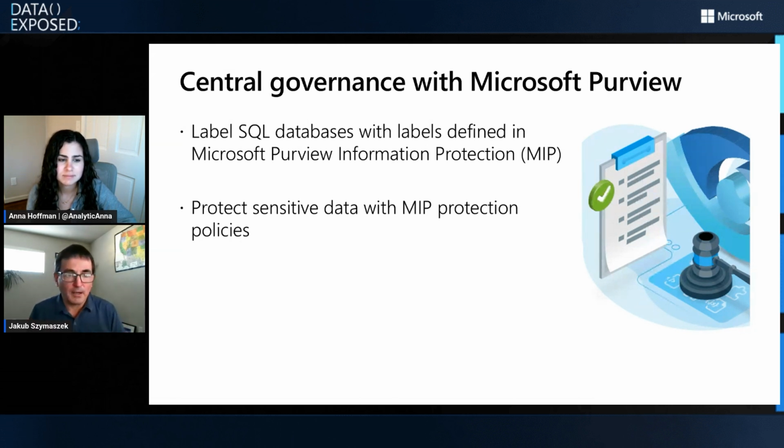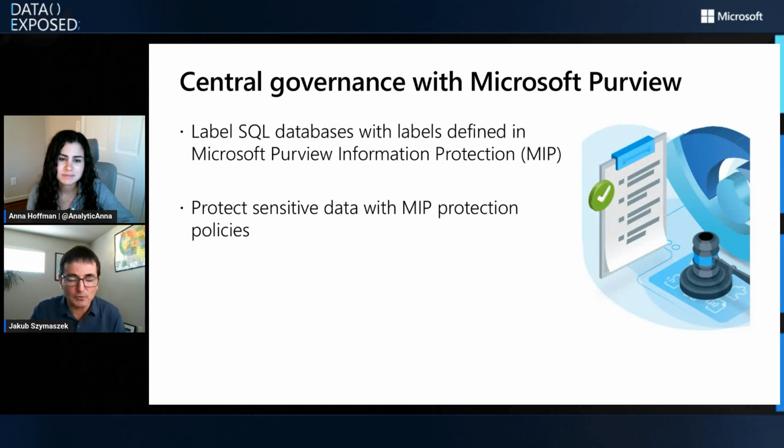So now you can label SQL database items and any other items in your Fabric workspace with Purview labels defined in your organization. And compliance administrators in your org can define protection policies to centrally manage and restrict access to certain data items in Fabric depending on their sensitivity labels.